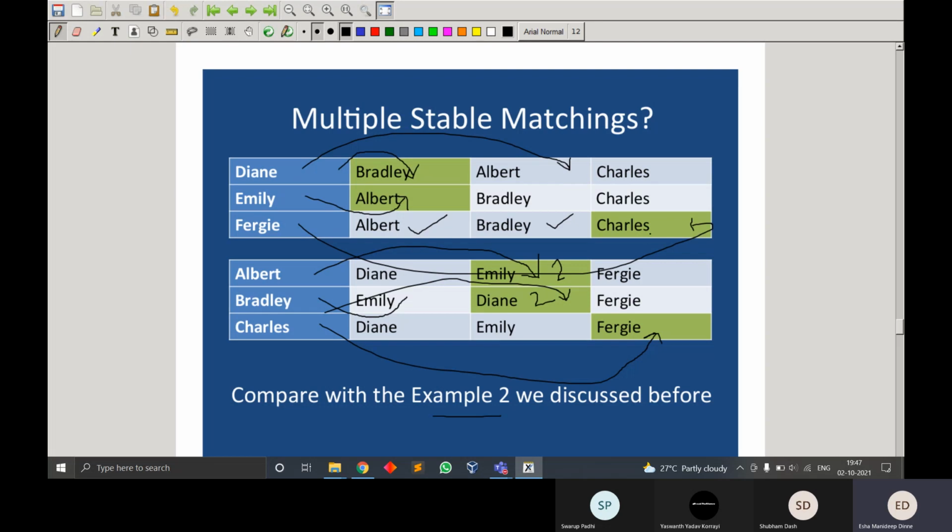So in this case, if you write out all stable matchings for this preference list, you can see that Fergie will never be with somebody other than Charles.